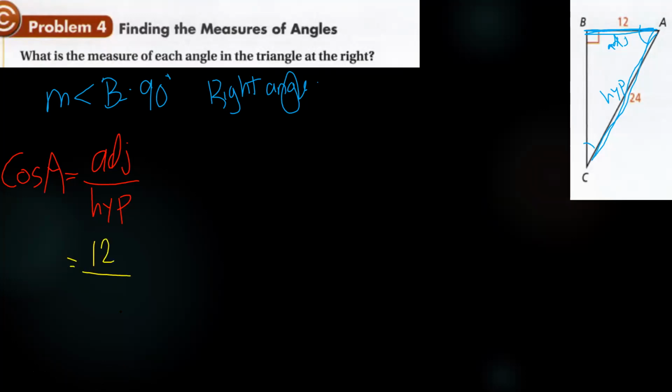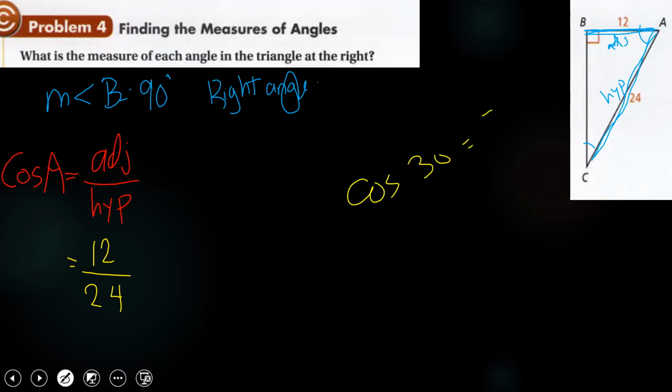What is the hypotenuse? 24. In the previous problem, I had cosine 30 equals 7 over x as an example. So I had the 7 known, I had the cosine known, but I needed to find x.